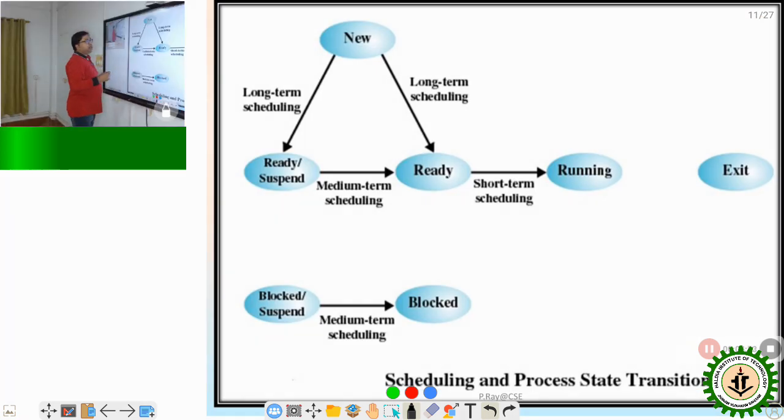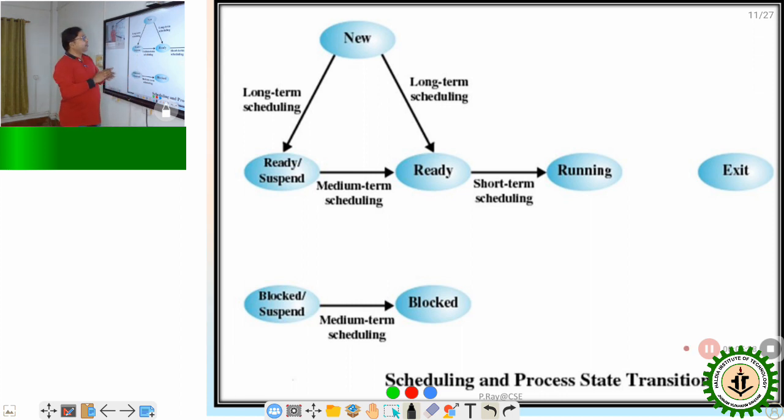Now look here, the long-term scheduler is assigned here. The mid-term scheduler is mainly assigned for the ready or suspend state to the ready state, and blocked or suspend to the blocked state. We call this type of scheduler a mid-term scheduler. And the short-term scheduler, that means ready to running, where the processes are assigned to the CPU, we call this a short-term scheduler.